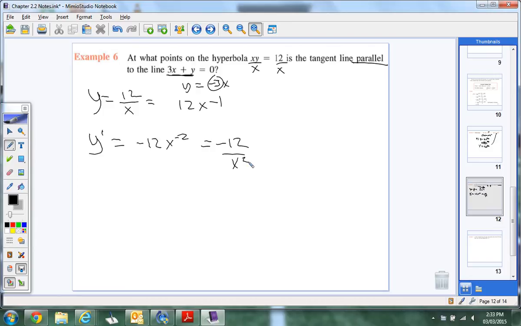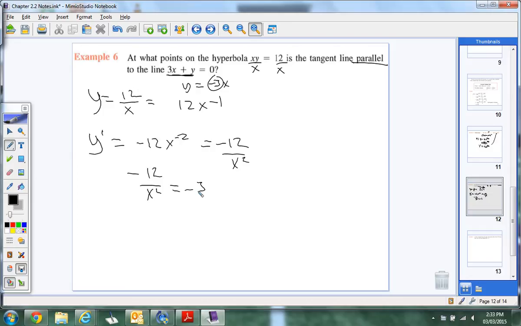So this is negative 12 over x squared. What is that? It is the slope, right? So this is the slope of the tangent line. So we simply set this equal to negative 3. So we're going to go negative 12 over x squared equals negative 3.